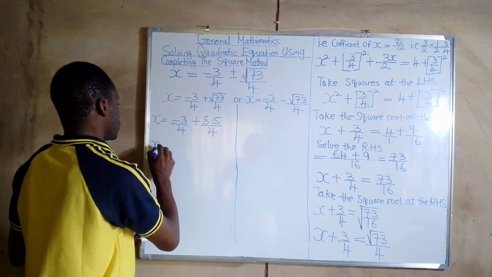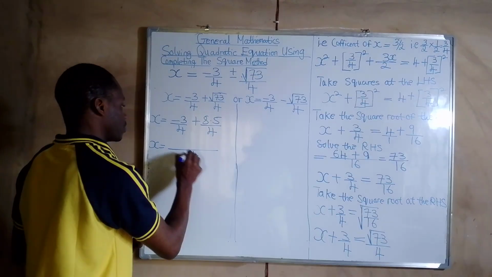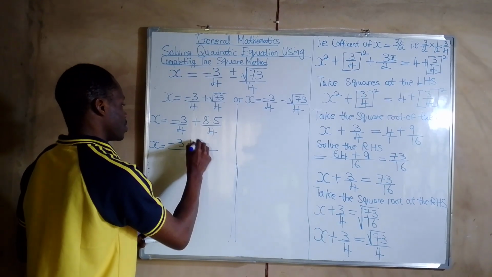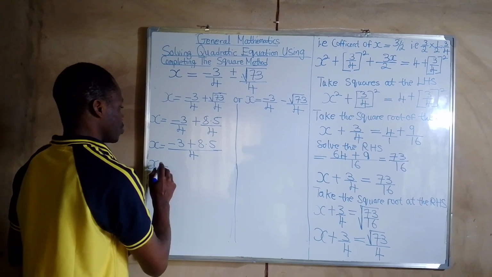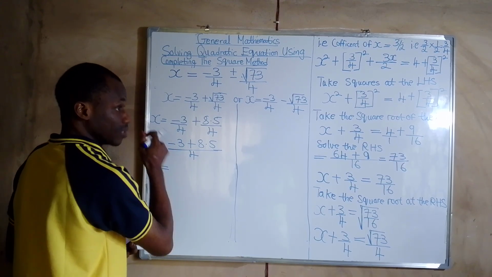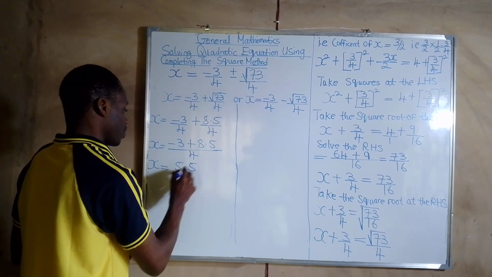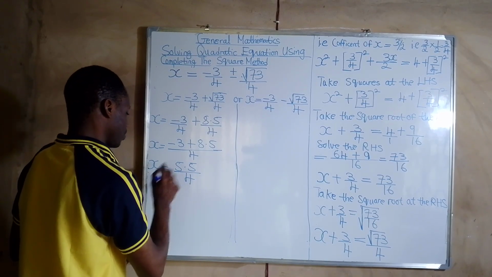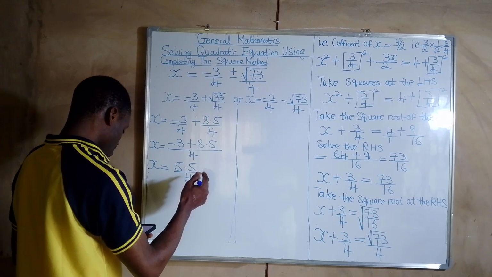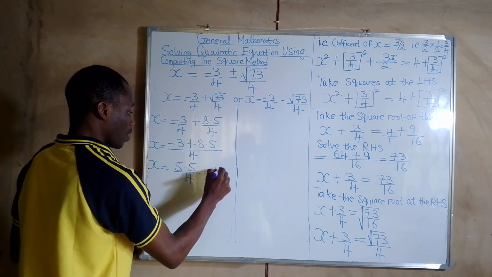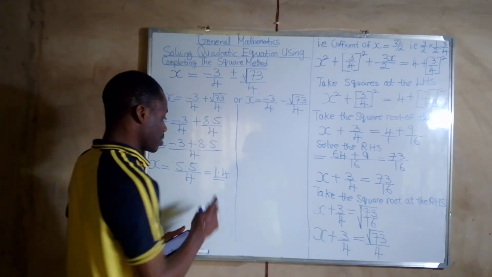So x is equal to, they are the same, take 4, minus 3 plus 8.5. Use 8.5 take away 3, that should be giving you 5.5 over 4. So x is equal to 5.5 over 4. You can reduce to the lowest term, which should be approximately 1.4.